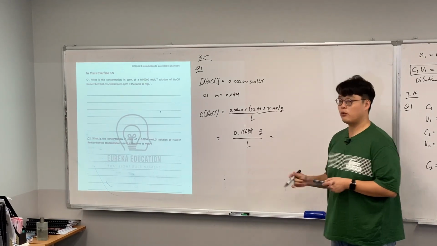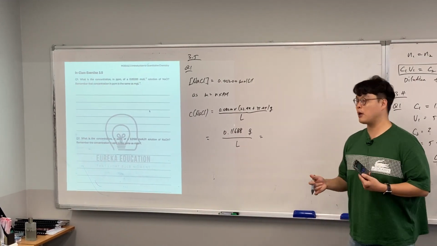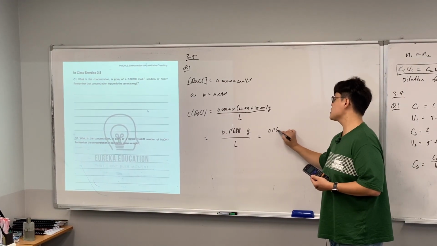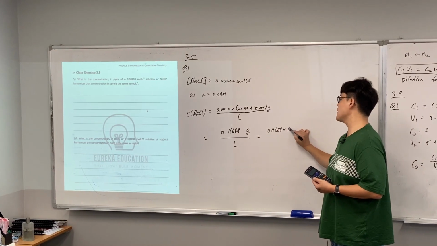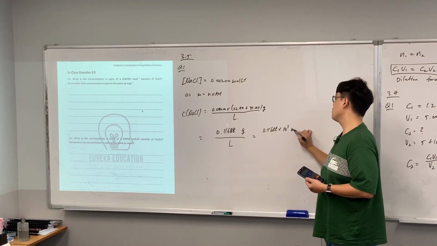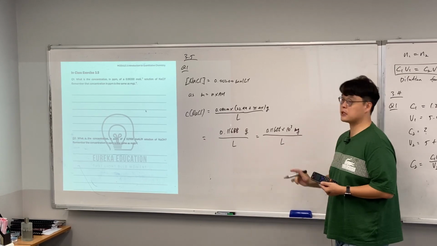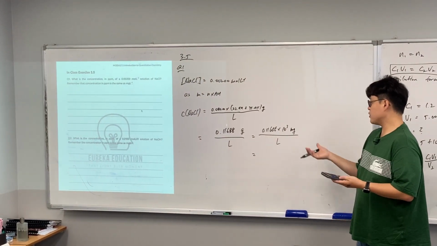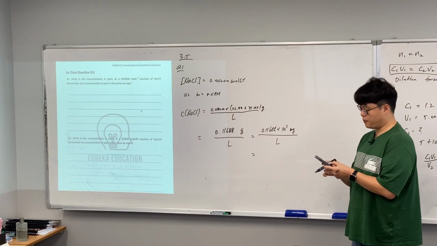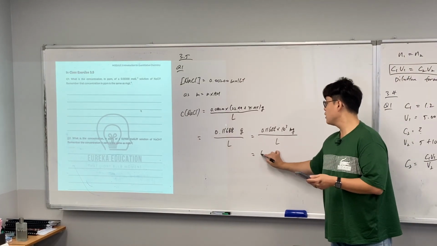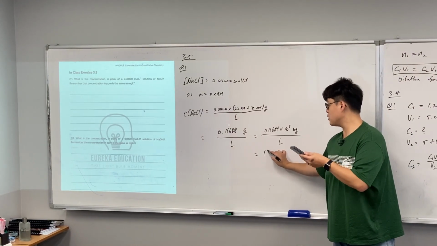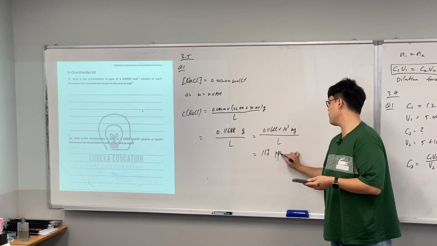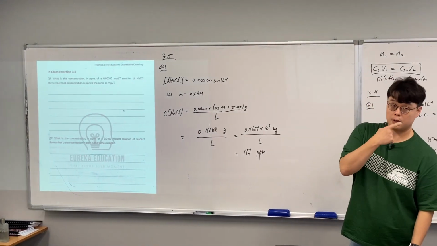Remember that grams is a bigger unit than milligrams, so 0.11688 times 10 to the power of 3 milligrams per liter. You get 117 ppm in 3 sig figs.